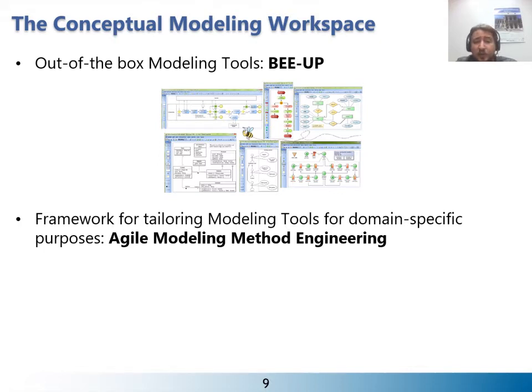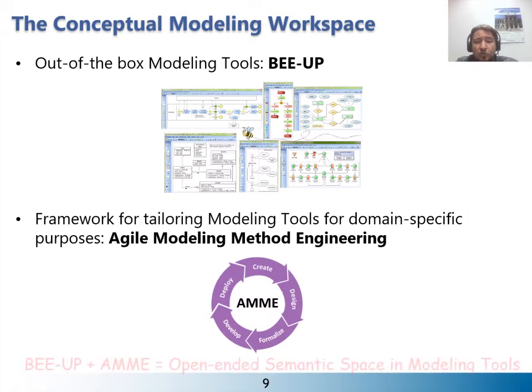This framework is called Agile Modeling Method Engineering, or in short, AME. Together, the modeling tool and the framework for adapting it ensure an open-ended semantic space for the conceptual models that are created in this workspace.